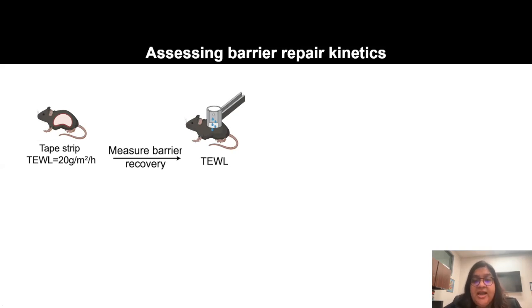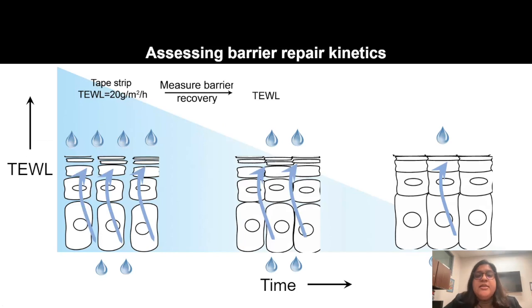Then over time, transepithelial water loss was measured. In a schematic, at the time of tape stripping, we should see increased barrier loss and increased water loss at the surface, so we would see an increase in TEWL.